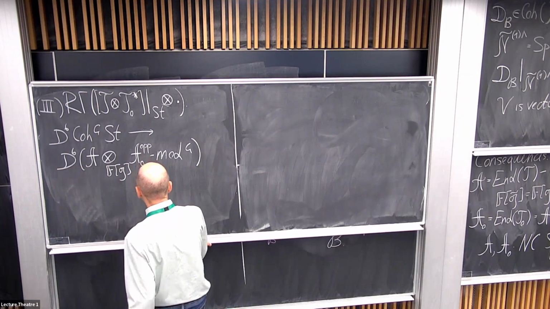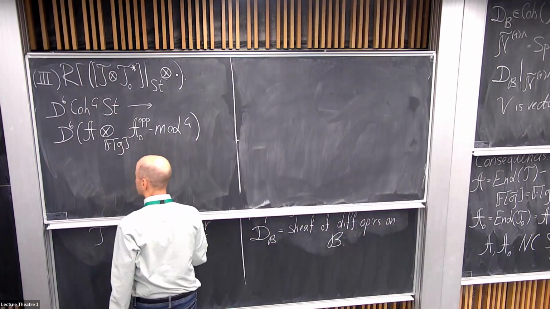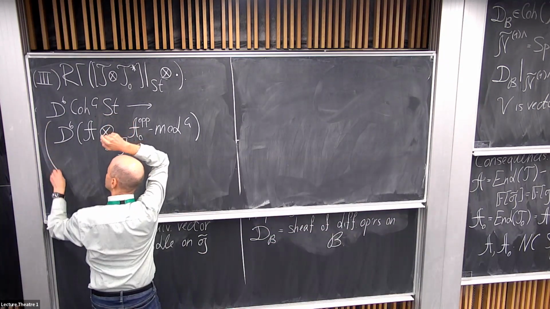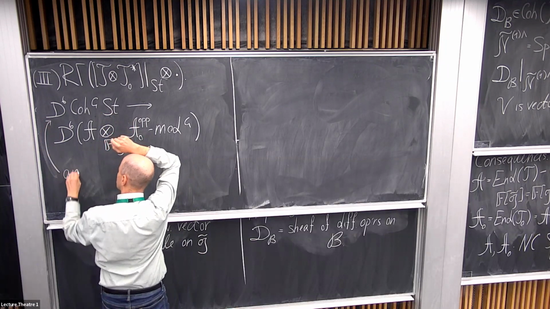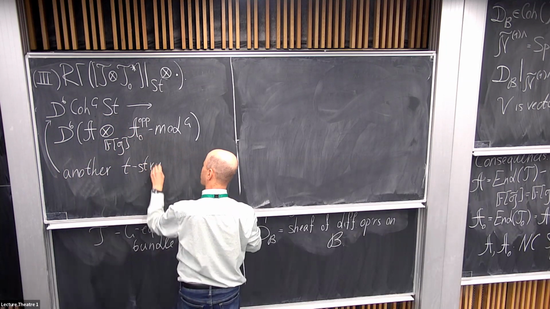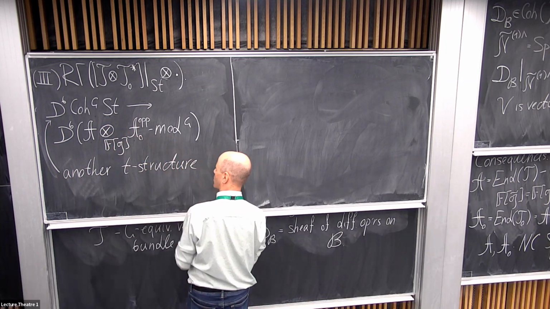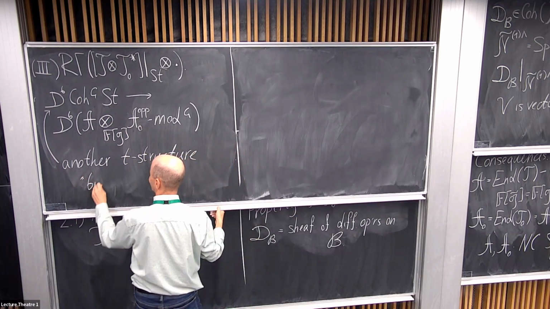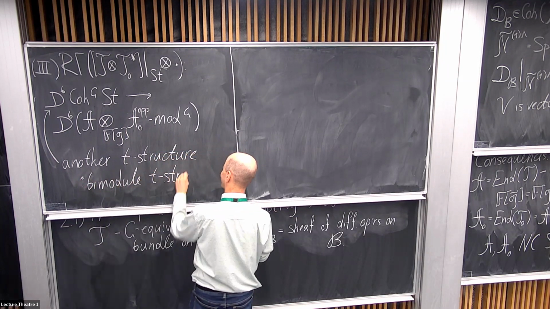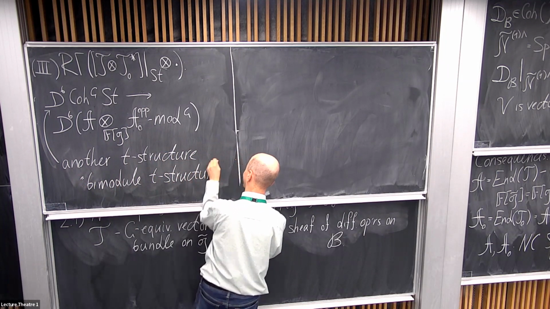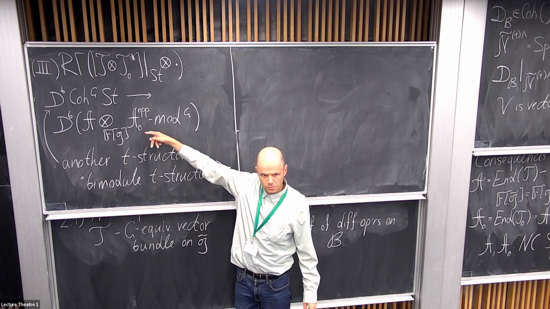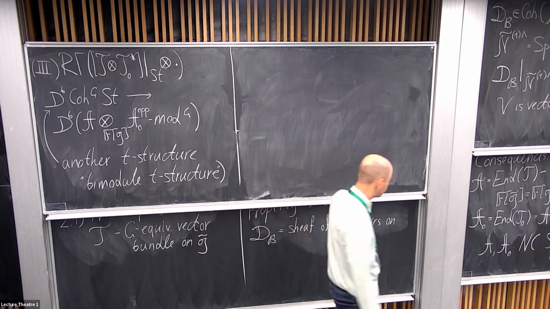And now with this derived equivalence, I'm going to get a t-structure on this category. I'm going to call it the bimodule t-structure, because this is a category of bimodules. So that's one of the t-structures that I'm going to care about.